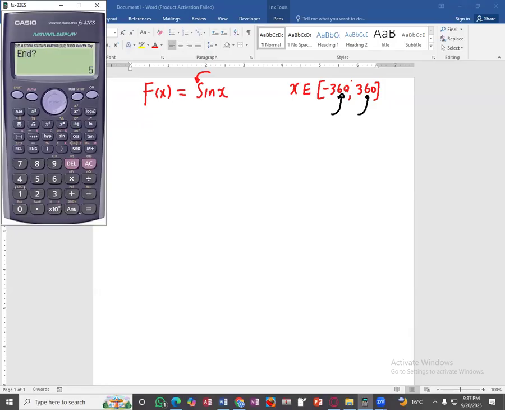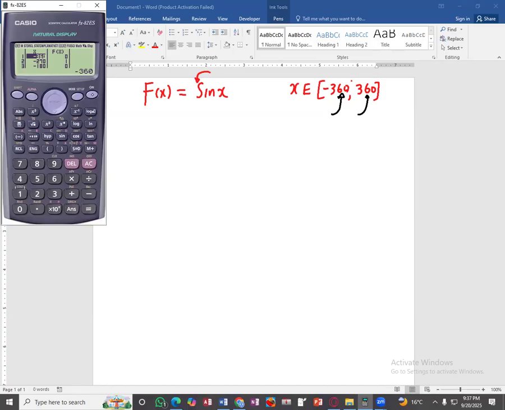Where do we end? We end at 360. If we say the step is 90, the calculator will be able to provide us with information. But guys, I really want us to focus on the step of 15. Let's not go to the step of 90.